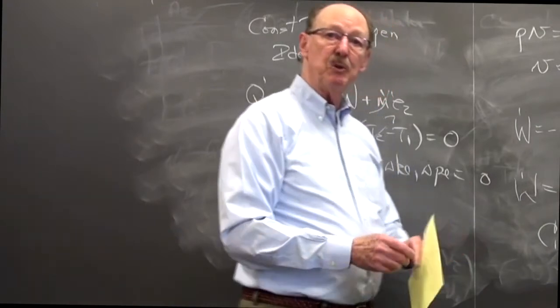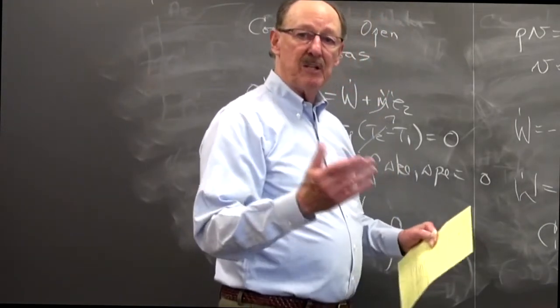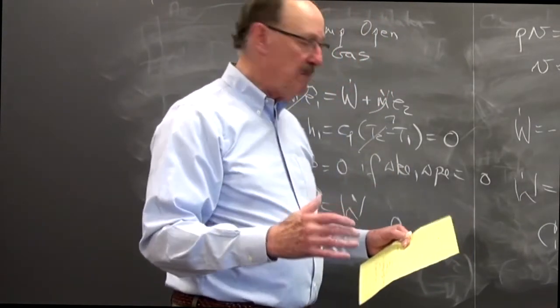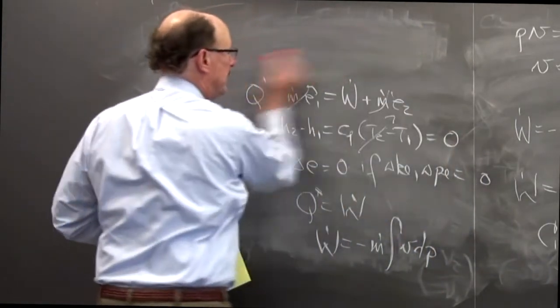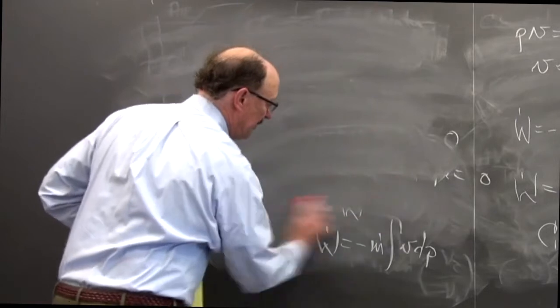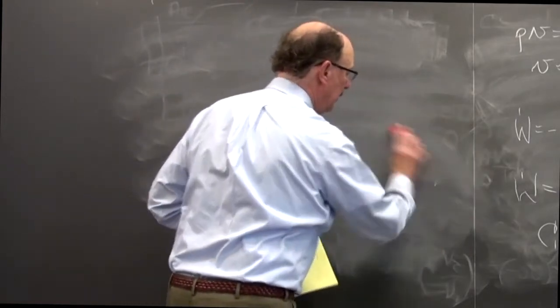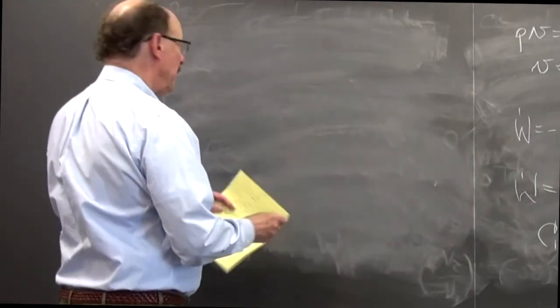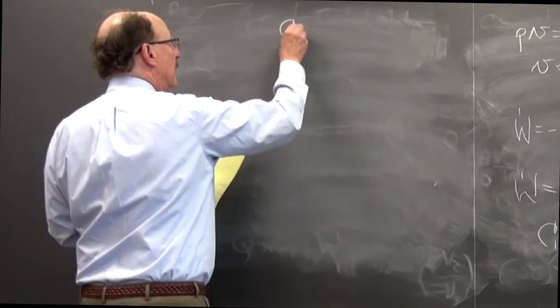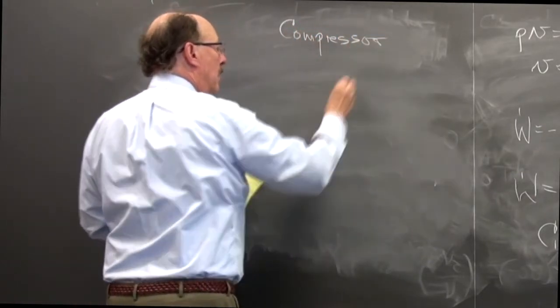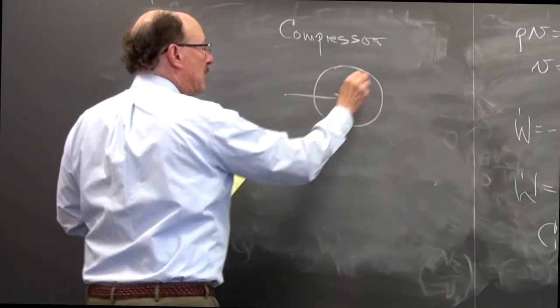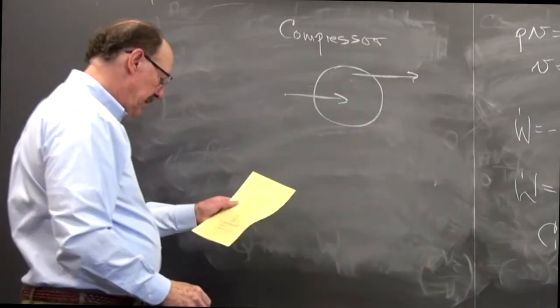So now let's do an example. We will have a compressor that operates at constant temperature, and we'll see what's going on and why this seems to make sense. I have a fluid going in and leaving, and we know the temperature is constant.